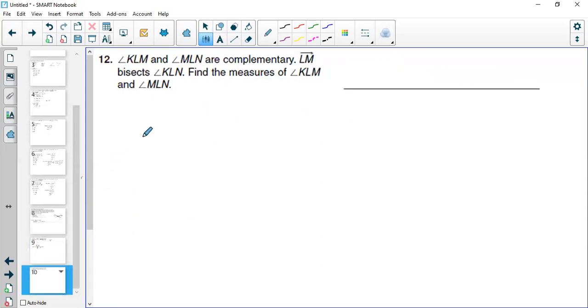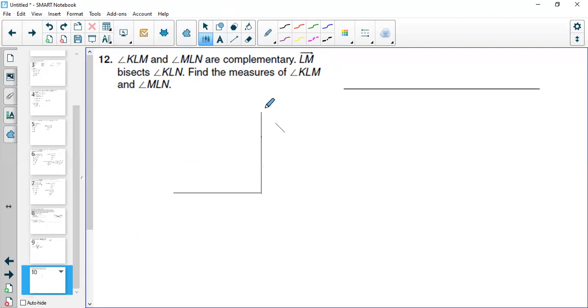Moving to question number 12. Angle KLM and MLN are complementary. Now, when they say complementary, you know it is 90 degrees, so it's going to be a right angle. All right, so they said KLM and MLN.